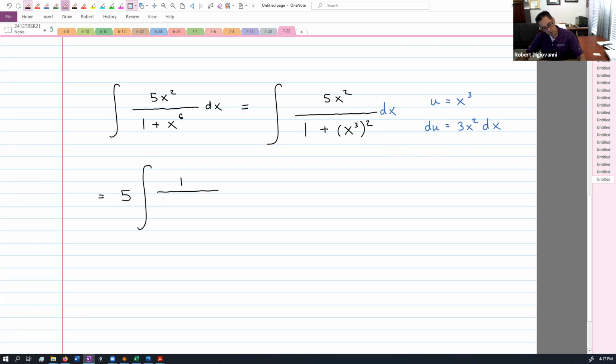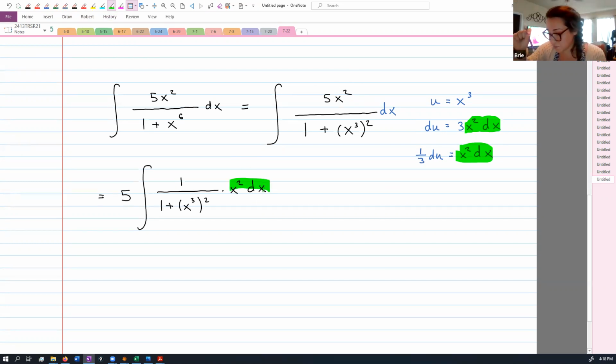I have 1 over 1 plus x cubed squared, and then x squared dx. I really need this x squared dx to match, so I don't like the 3 here. I'll just multiply both sides by 1/3. Now it matches exactly.